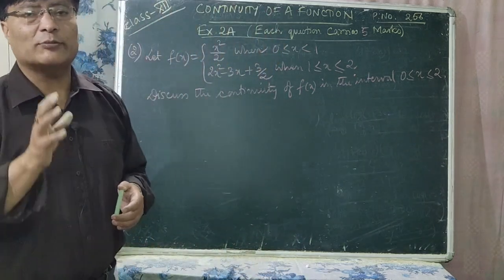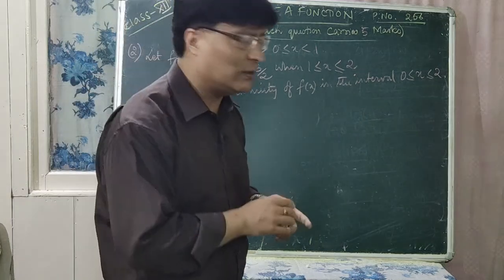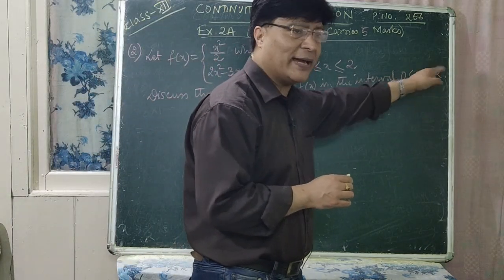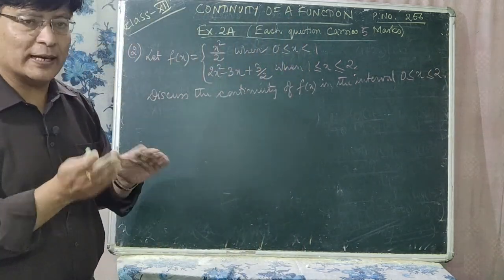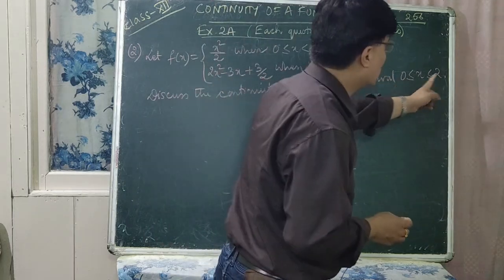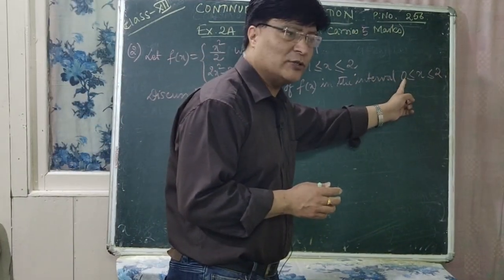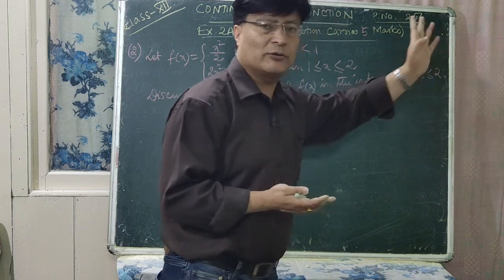Now in this case, you have to check the continuity at every point in the interval in between 0 and 2, including this 0 and 2 also. So you have to include 0 and 2 also. This is known as closed interval, because in this case x is equal to 0 is also included out here and x is equal to 2 is also included out here.